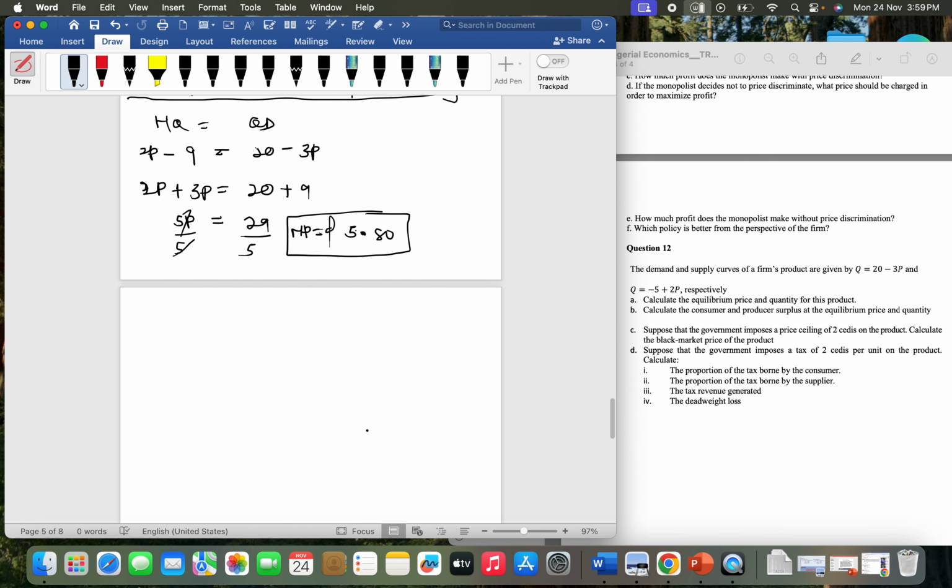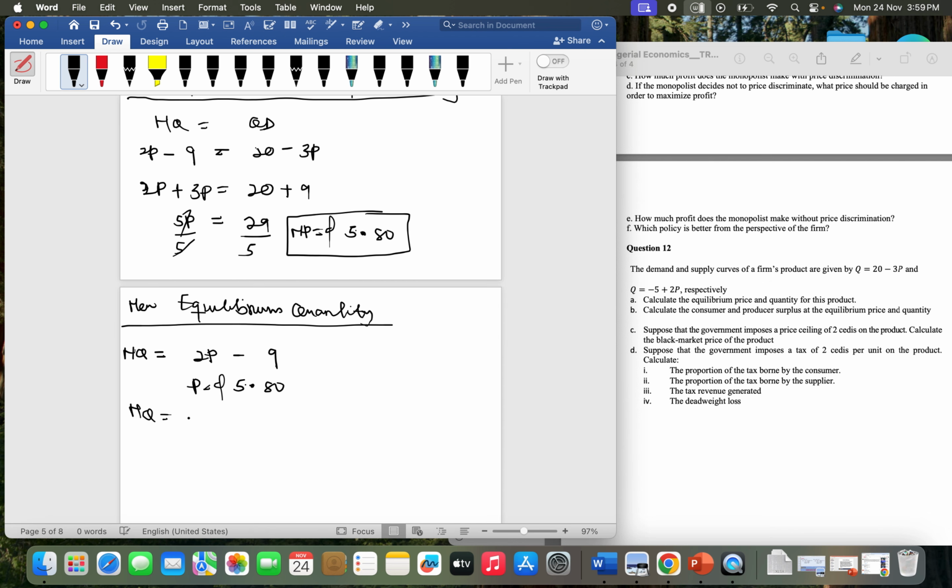So we can now find our new equilibrium quantity. You have to do this, otherwise you won't be able to solve parts i and iv. For the new equilibrium quantity, either you use the new supply function or the old demand, you still get the same answer. So this is 2P minus 9, where the new price you solved was 5.80.